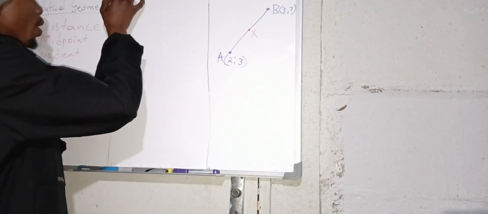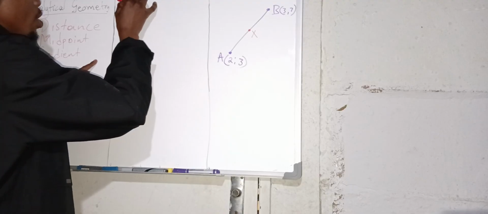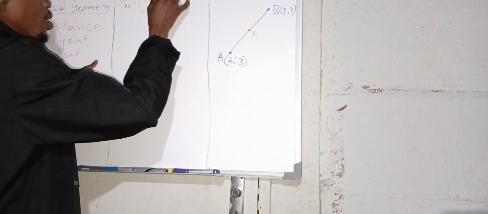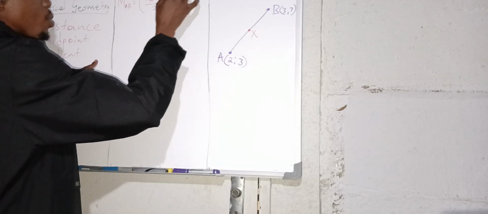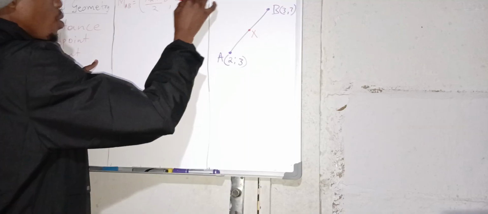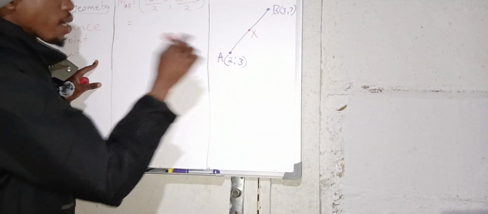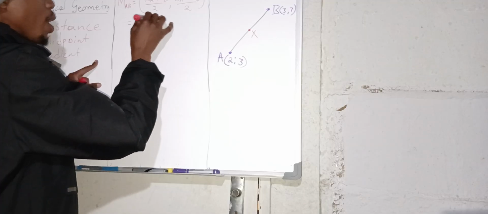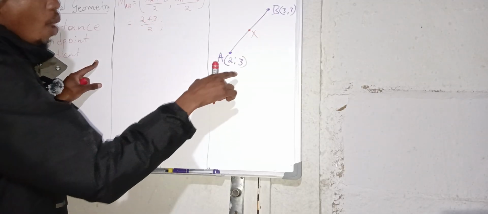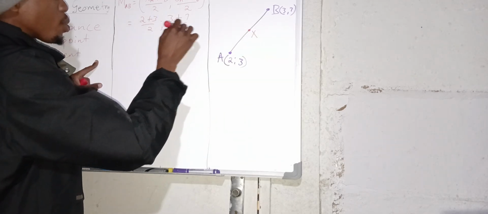When you find the midpoint of line AB, you say (XA plus XB) all over 2 is to (YA plus YB) all over 2. Then we have XA is 2 plus XB 3 all over 2, and YA 3, YB 7 all over 2.